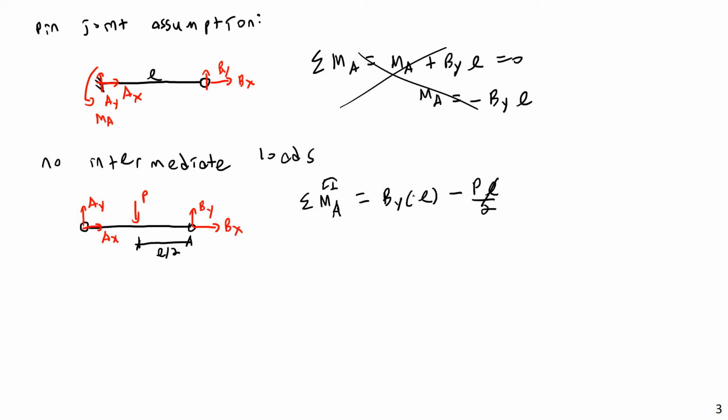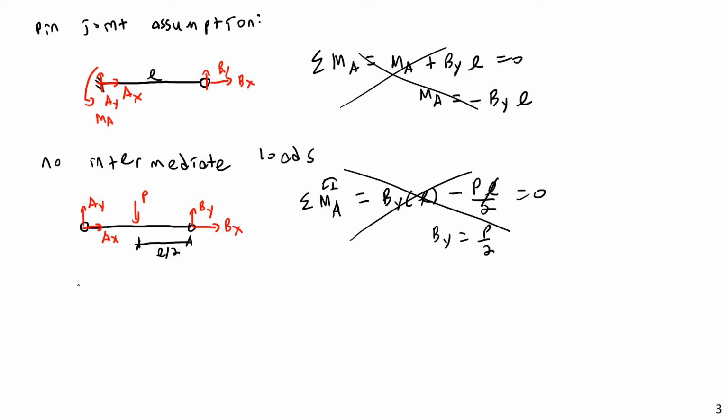And I guess the L cancels out if this equals 0, but I then have BY equals P/2. So BY is no longer equal to 0. We no longer have that case where the member is carrying a single axial load. So that one doesn't work either, if we want to maintain the truss condition of a member carrying only axial load. Sorry, not zero axial load, only axial load.